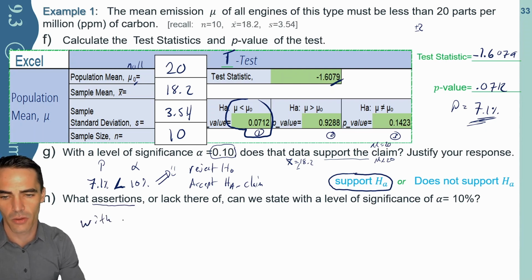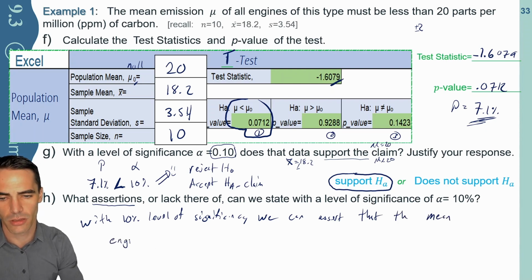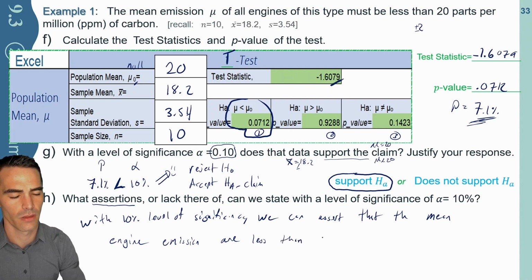I'll say, with 10% level of significance, we can assert that the mean engine emissions are less than 20 parts per million.